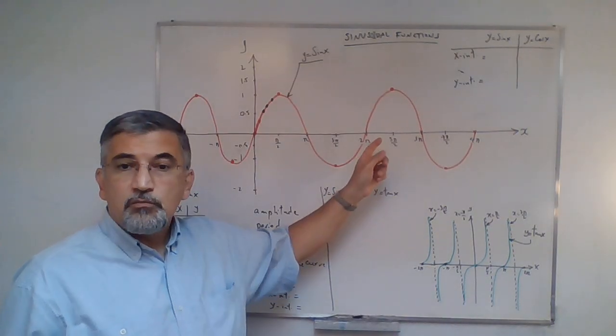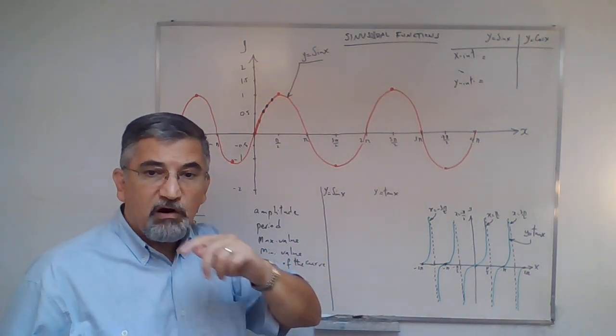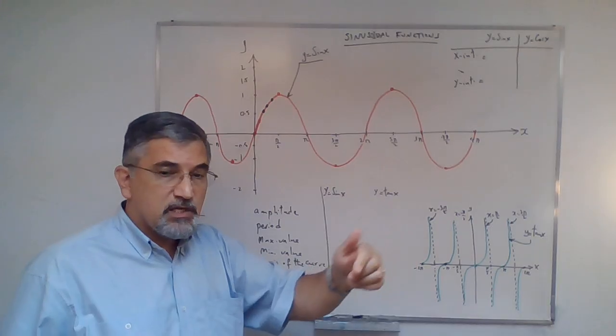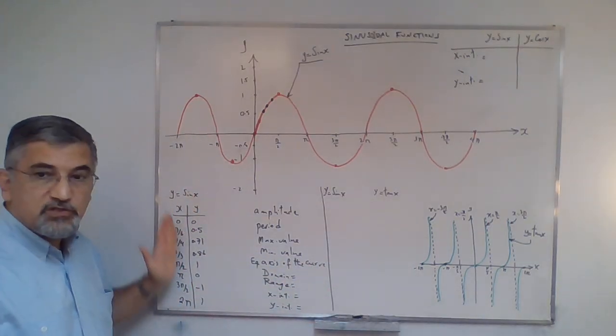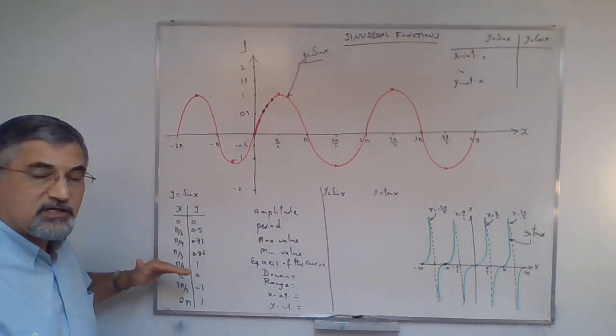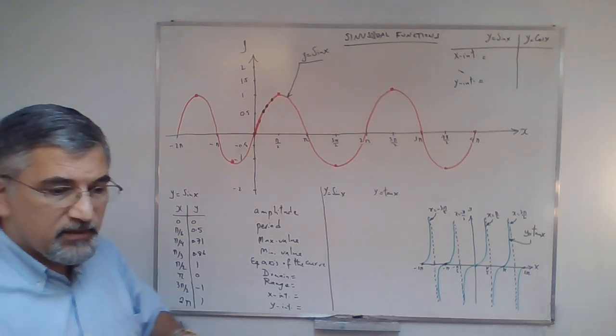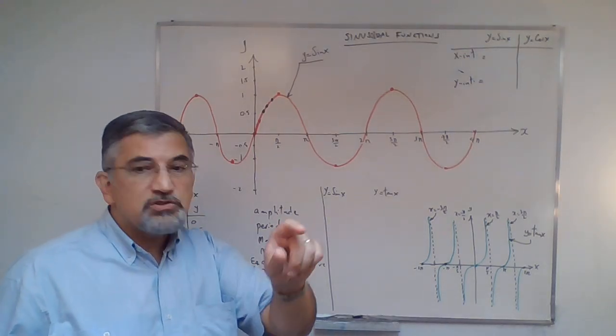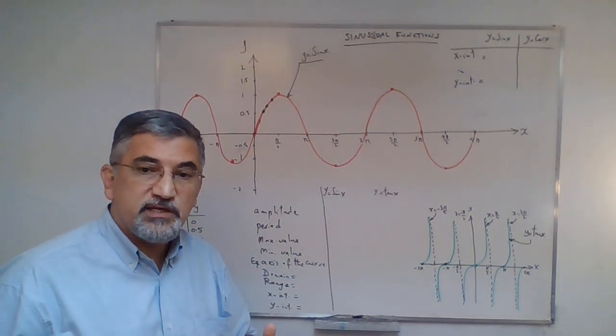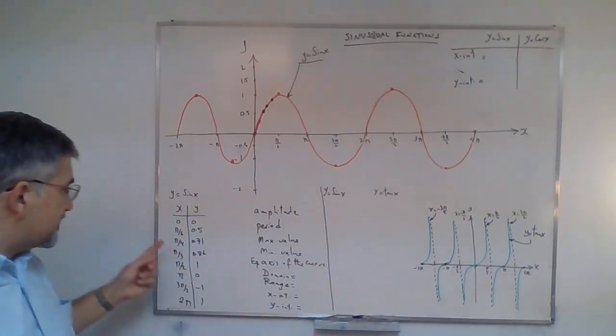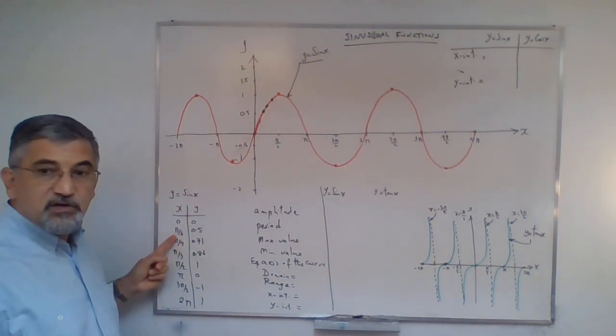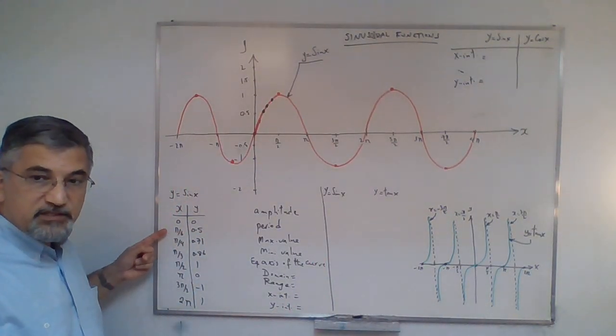So if you find sine of 390 degrees, you see that you get 0.5 again. Same answer you got from sine of 30 degrees, that is pi over 6 radian.